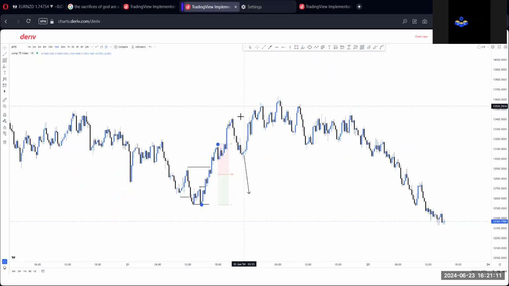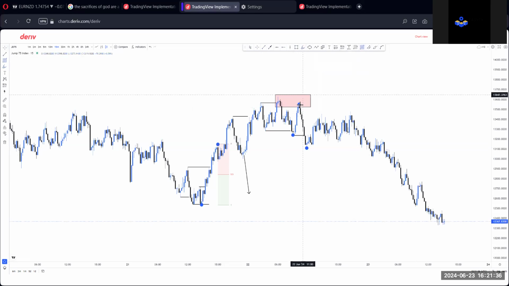After it took out this high, gave us a new high, took out this high, gave us a new high, but look at it. It came to break the low, retrace into this other block, and then change direction completely, started selling again. So after price put in this high and broke this low, it gave us a new low.